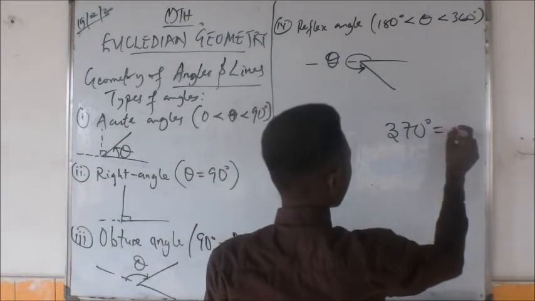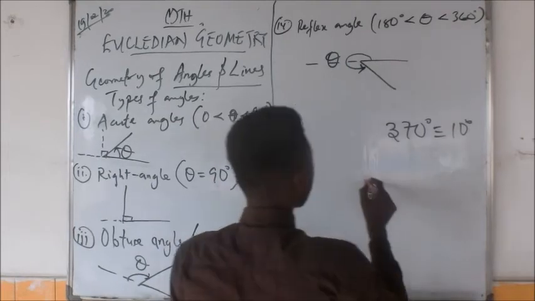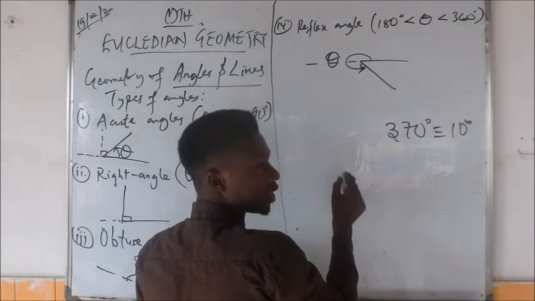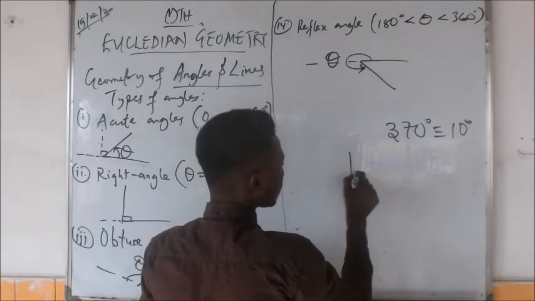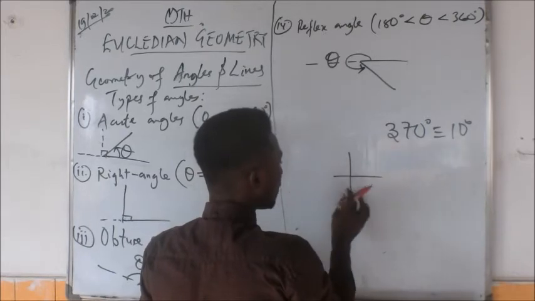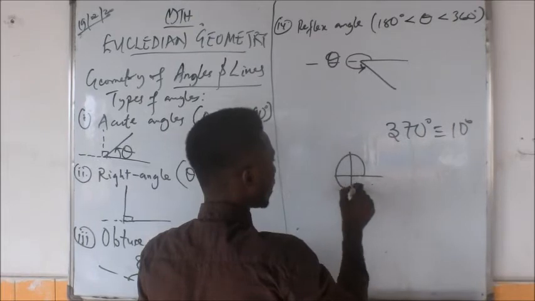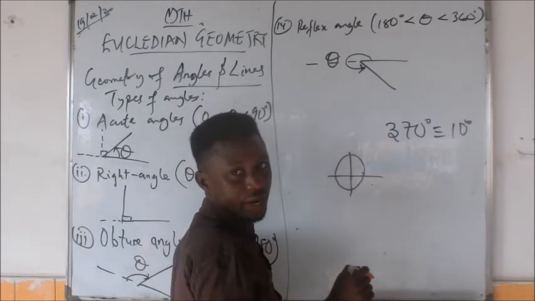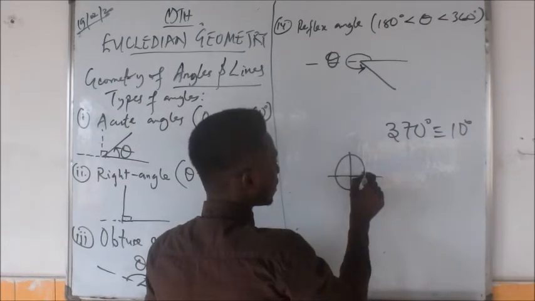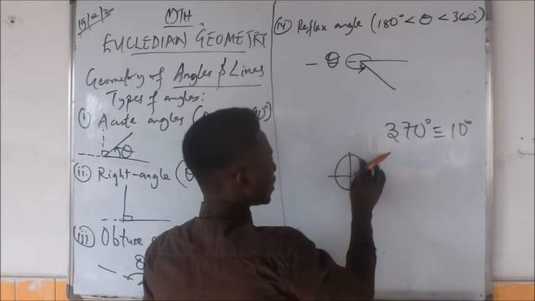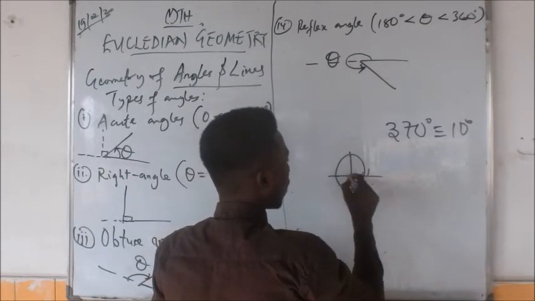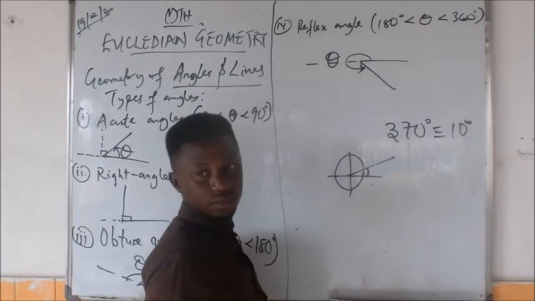How? Because if you have to show this on a pole, you pick your 0 from here and then you go like this. That's your 360. And then you have an excess of 10. Did we get this?